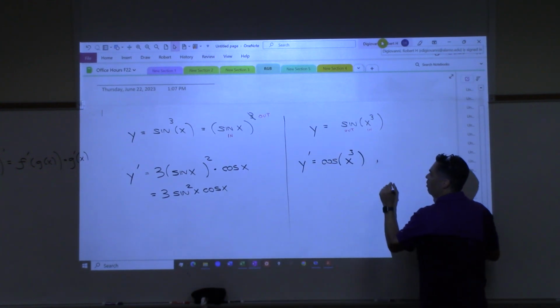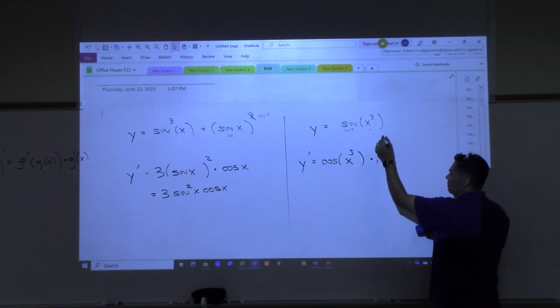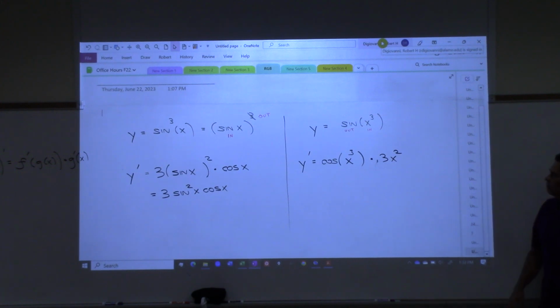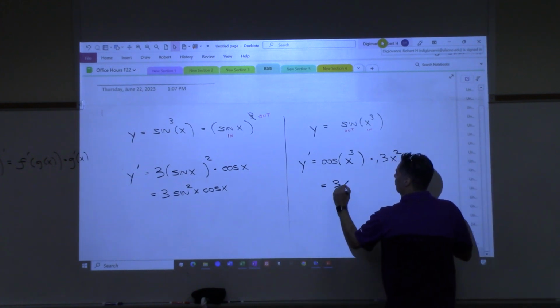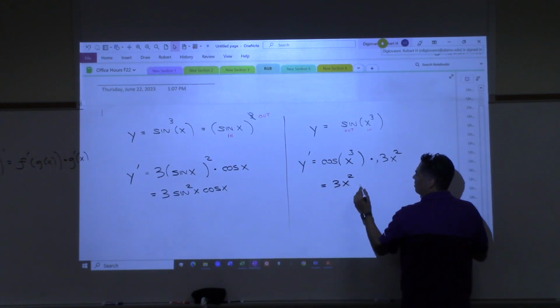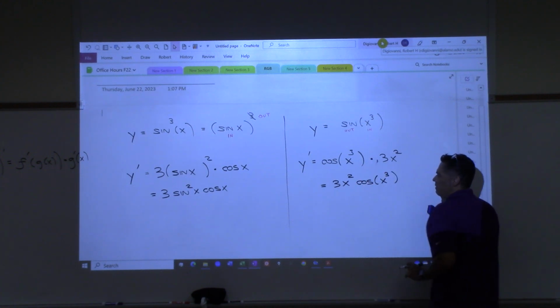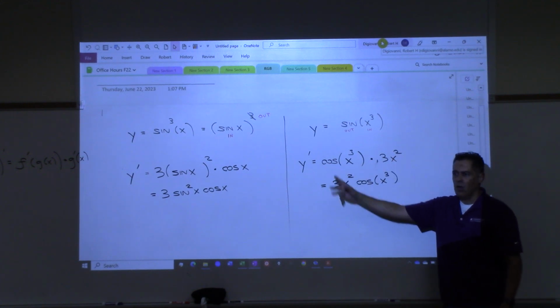Sure. Okay, now multiply that by 3x squared, the derivative of that eraser. And that is technically done. Now, most of the time we like to move any numbers, constants, variables out in front and just leave it like that. That's not necessary, but most textbooks are going to move that out front.